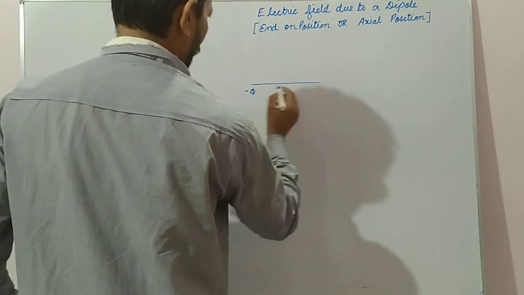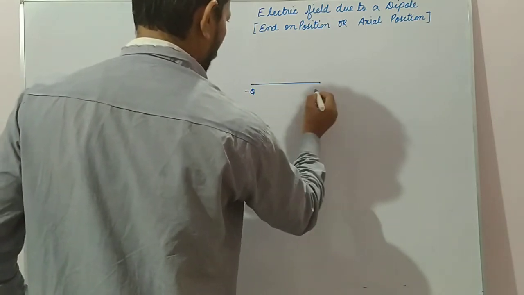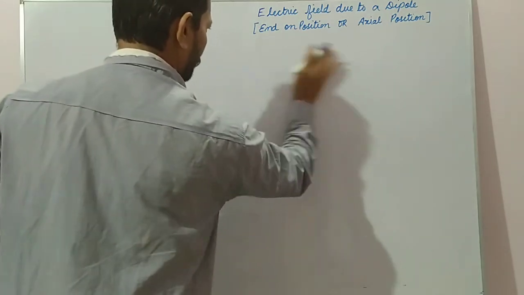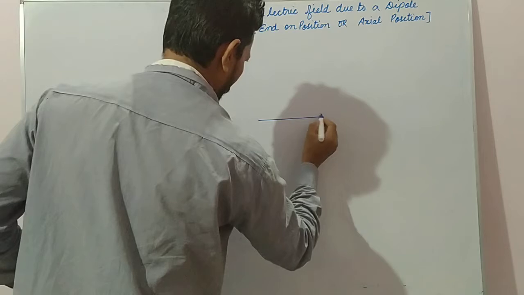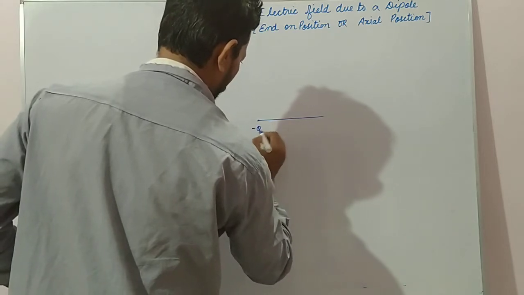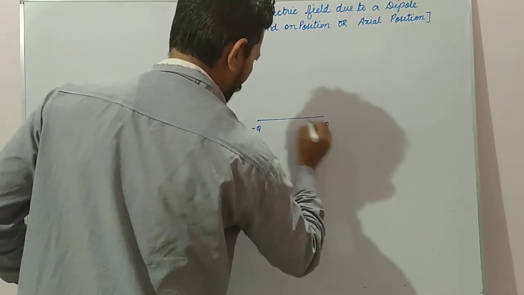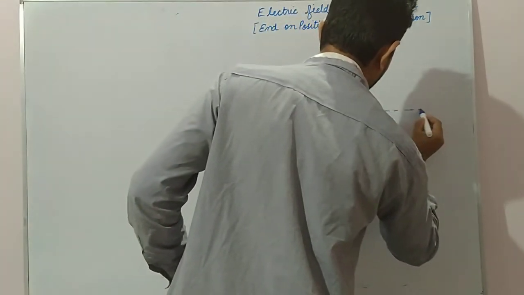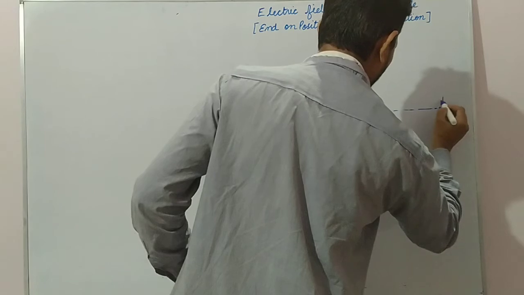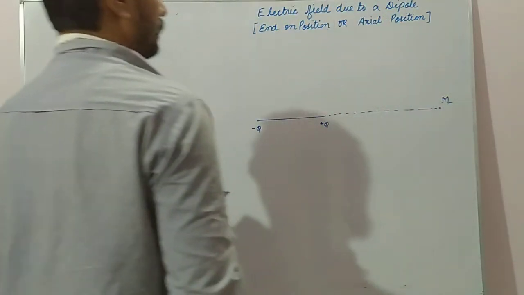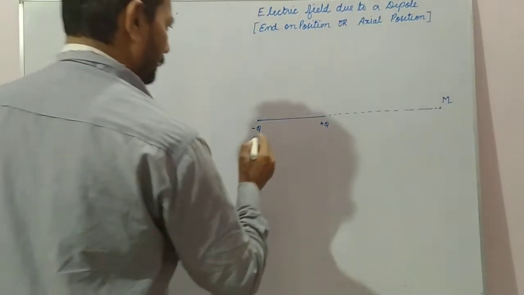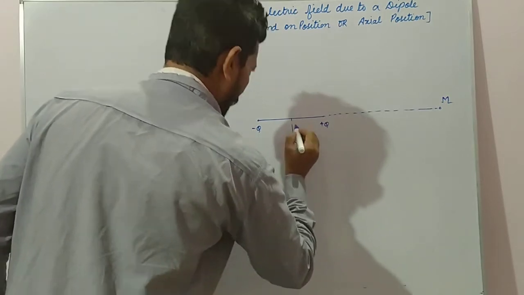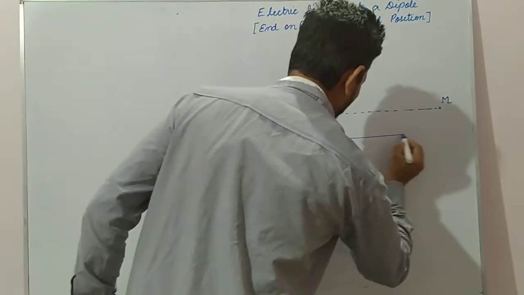This is minus q charge, this one is plus q charge, and we are taking a point M here, which is at a distance r from the center of the dipole.